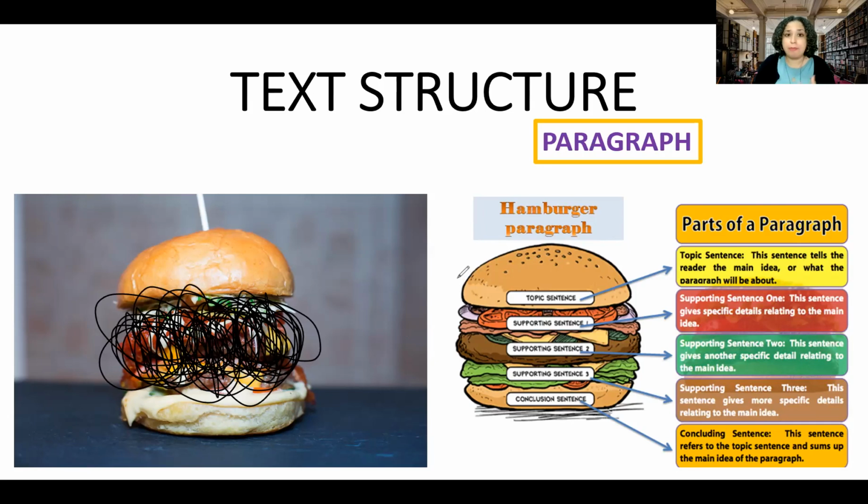So a paragraph is like that. And in terms of the structure, we have to follow that. We need to have something that is called the topic sentence. In the middle, we'll have the supporting sentences, and we need to have a conclusion sentence. All right, so we're going to talk about those in the next slide.